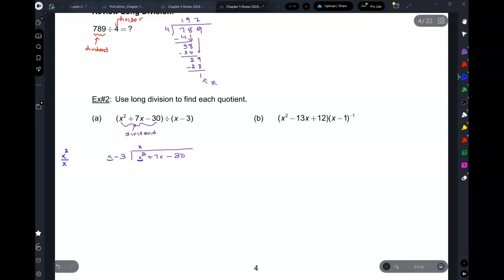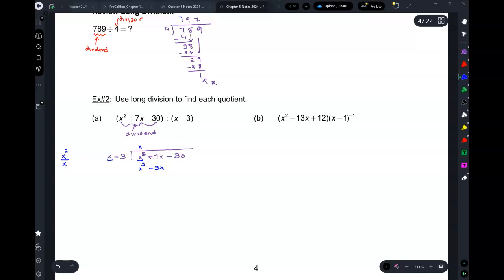Then 1 times 4, so here I'm going to do x times this entire thing, x minus 3. So I'm going to get x squared minus 3x.